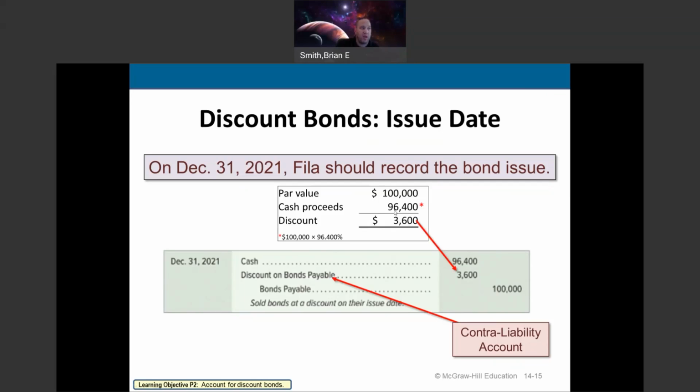In this case, it's going to be $96,400. The remaining amount is going to be a discount on the bond. If we're going to get cash of $96,400, but our bonds payable is going to be a liability of $100,000, then we have a discount on bonds payable, which is a contra liability account that's going to be $3,600. That's where the discount comes in.